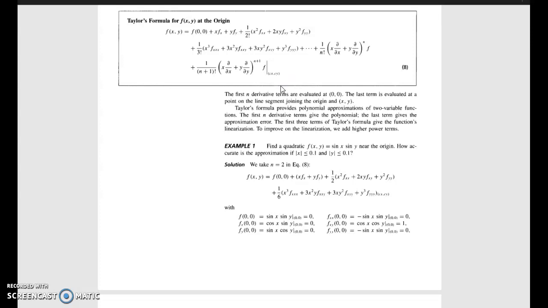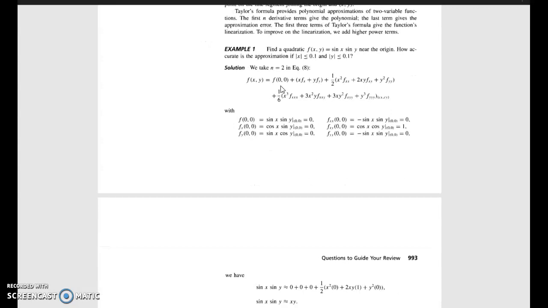This is the Taylor's formula for f of x, y at the origin.